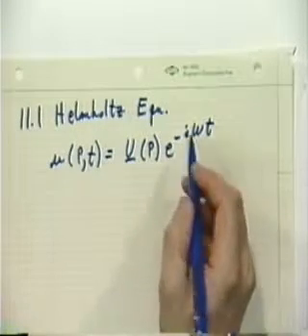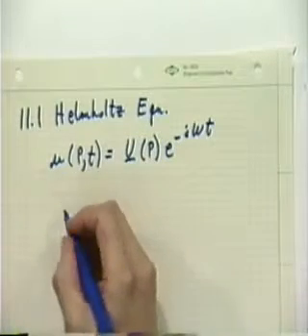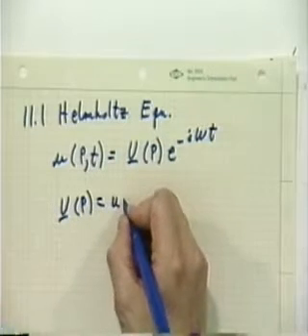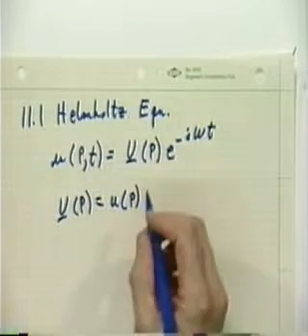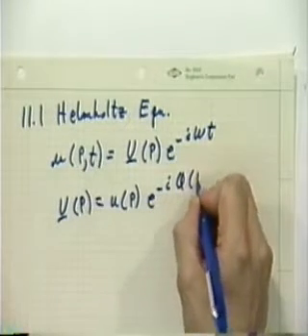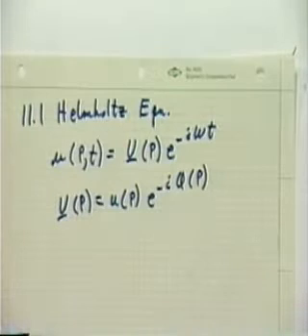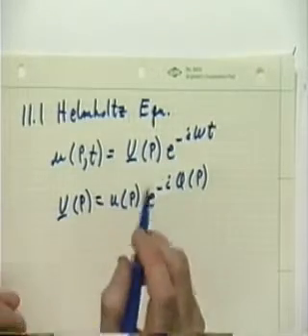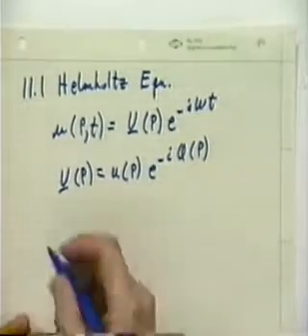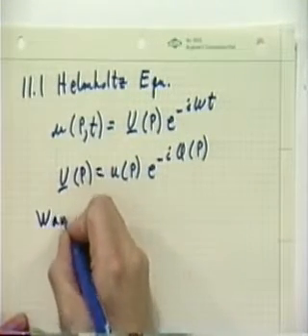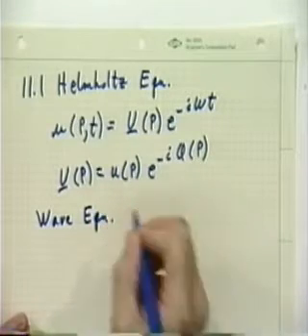So this time dependence we know, U of P we want to find out, and it's some magnitude times e to the minus i phase. Okay? So our goal is to find out what this is. And when in doubt, you write down the wave equation, I guess. Okay? Go from there.